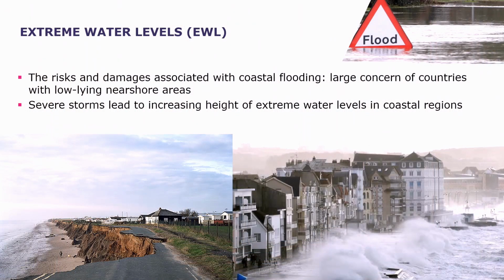The risks and damages associated with coastal floodings are a large concern of low-lying countries with extensive nursery areas. And the impacts of severe flooding events include loss of infrastructure, extensive coastal erosion, loss of land, and even loss of life.